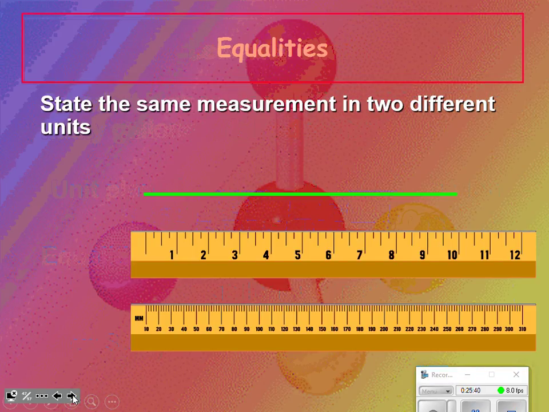Now let's talk a little bit here about these equalities. State the same measurement in 2 different units. Could we do that? Well, here's a ruler, and on our ruler, we have 2 different sides. We have centimeters on the bottom and inches on the top. So I could make a measurement in 2 different units right there.